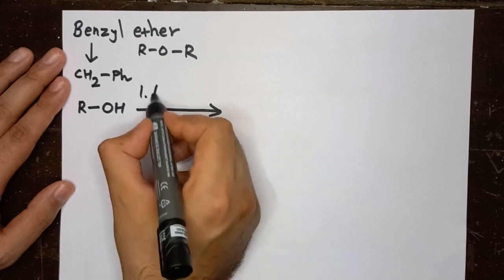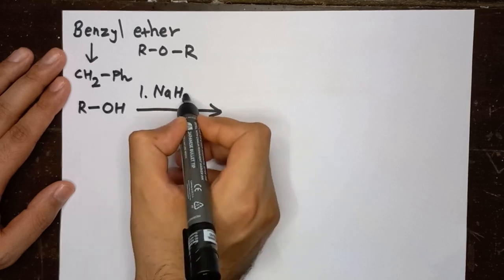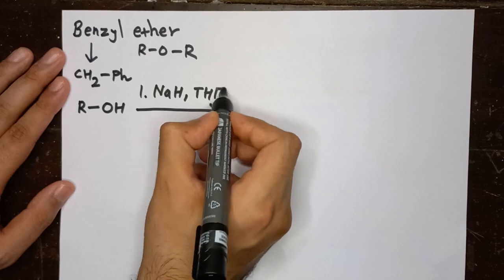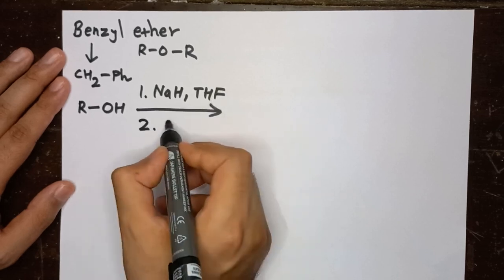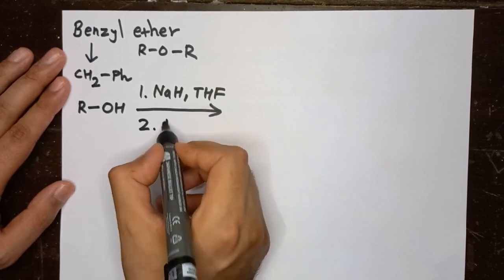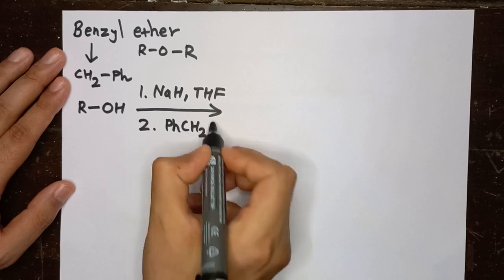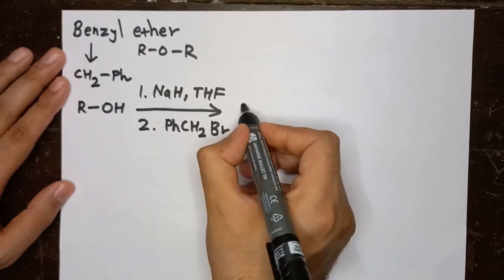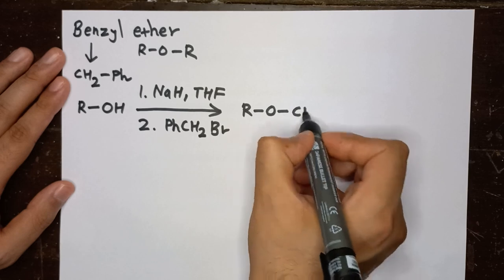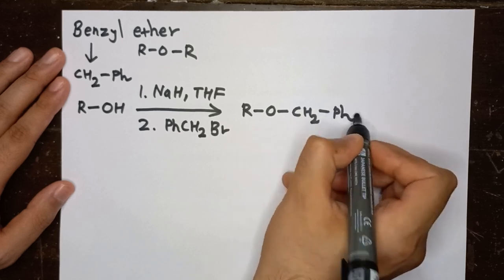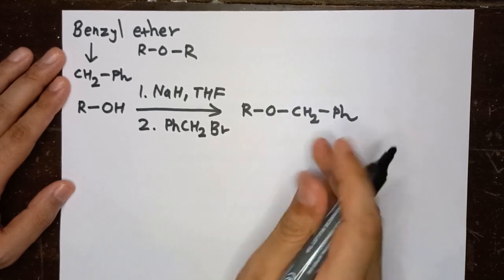In the first step, we use sodium hydride as a base in presence of THF solvent, and in the second reaction we are using benzyl bromide, and you are generating the product, that is the benzyl ether protected alcohol group.